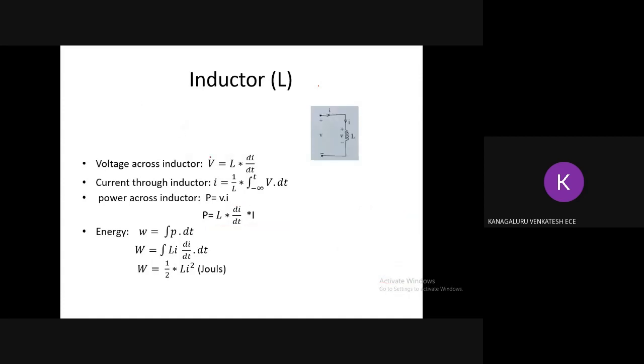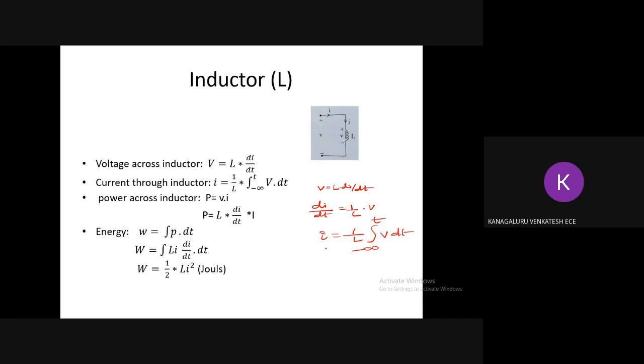V is nothing but L di by dt, therefore di by dt equals 1 by L into V. Apply the integral on both sides. 1 by L is a constant, so we get the integral of V dt. Now, can anyone guess why I'm taking limits from minus infinity to t? I is nothing but 1 by L integral from minus infinity to t of V dt.